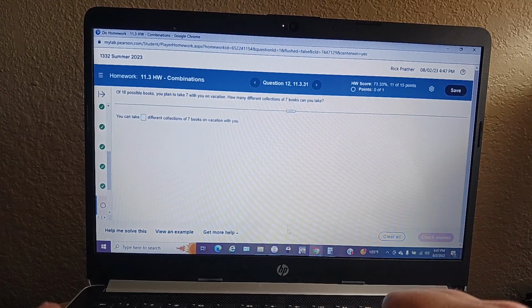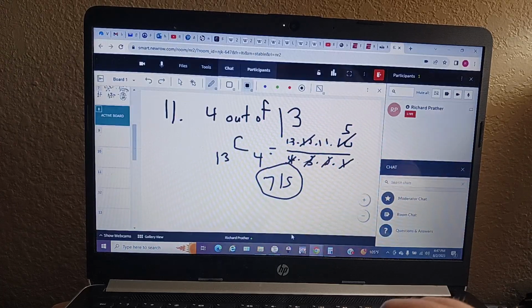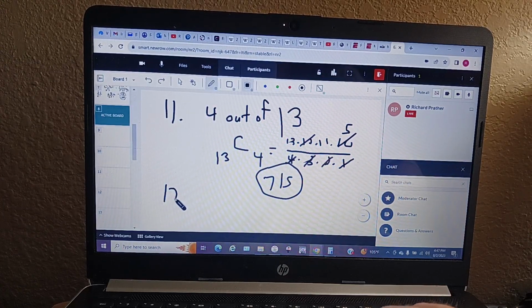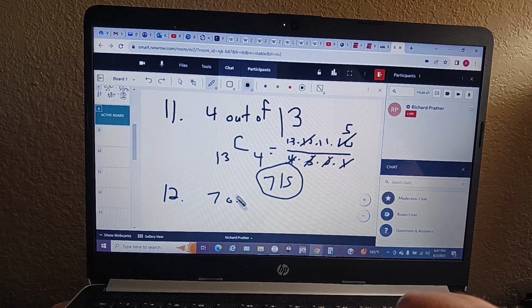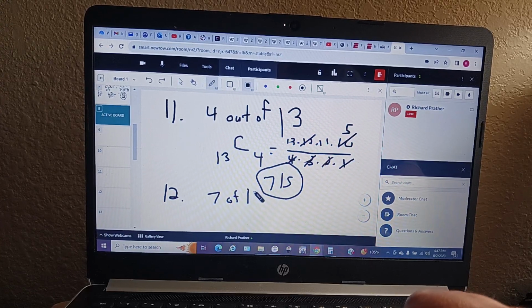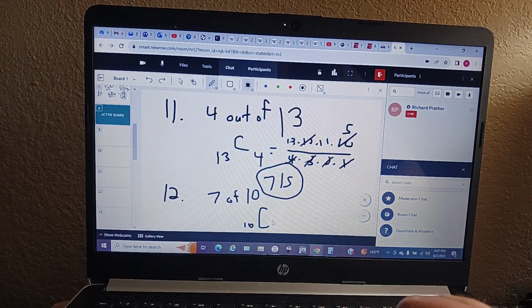So I'm choosing 7 out of 10 books to go on a vacation. Apparently we don't care if you read them or not, but you're doing 7 of 10, and we're in essence treating all the books the same by taking them on vacation with us. So this will become a 10 combination 7.